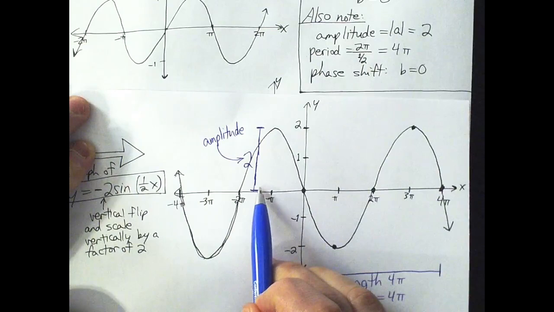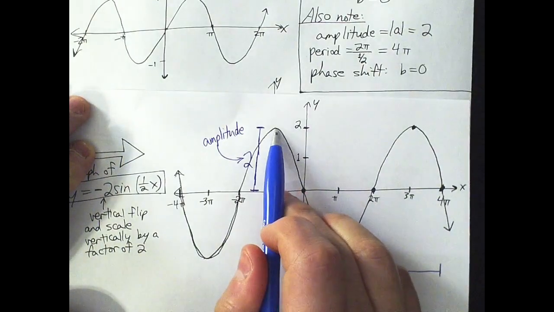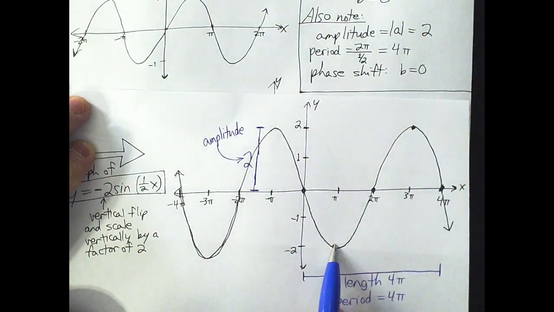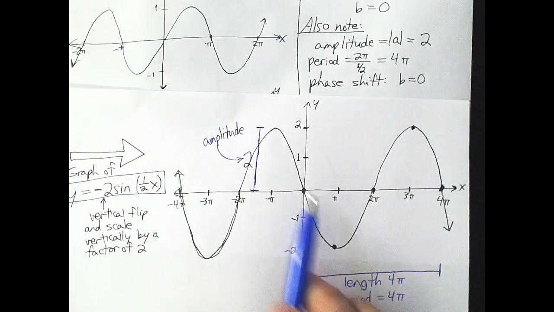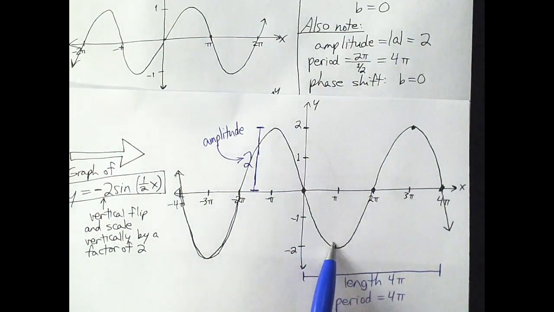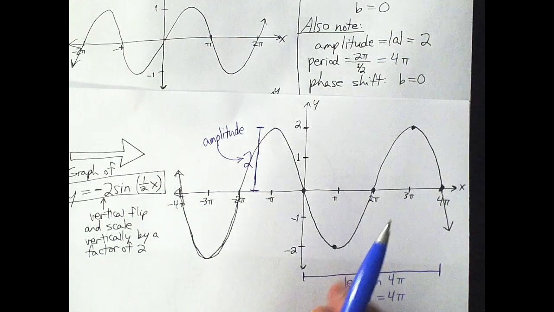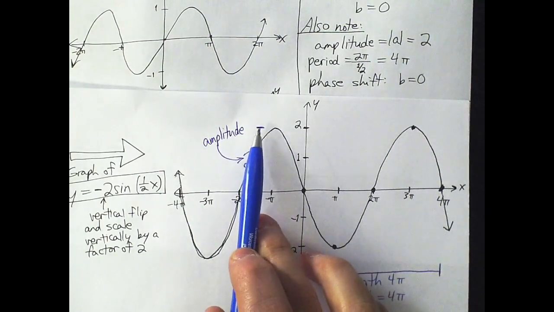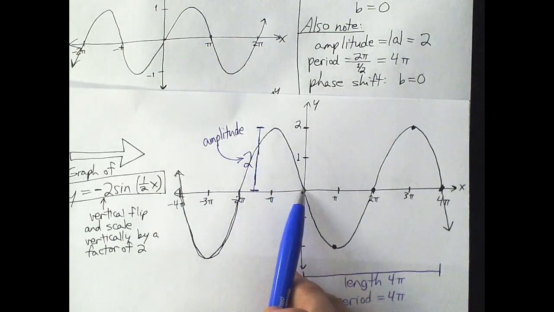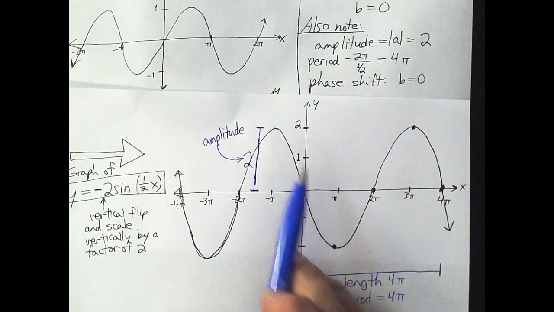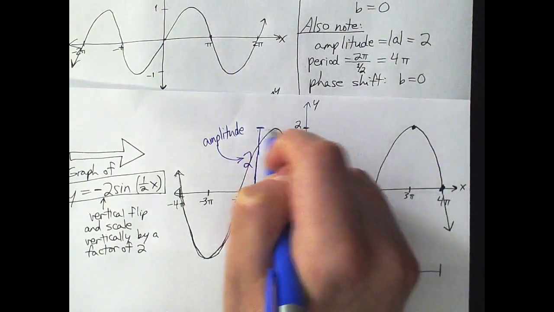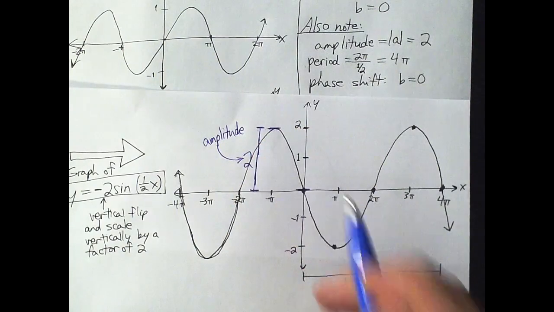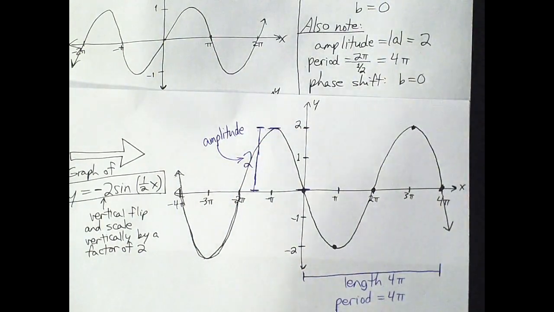We wouldn't say that from the highest point to the lowest point is 2, because that would actually be a distance of 4. But from the highest point to the middle is a height of 2, and that is what the amplitude represents.